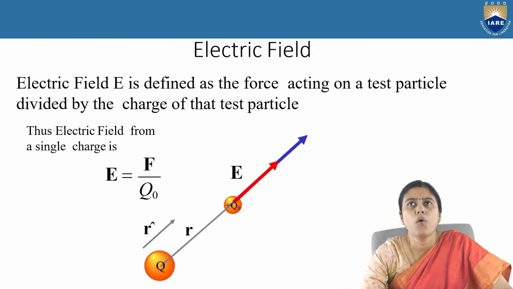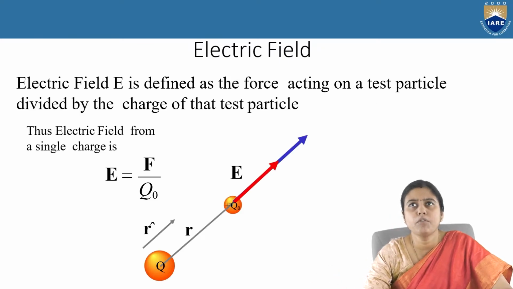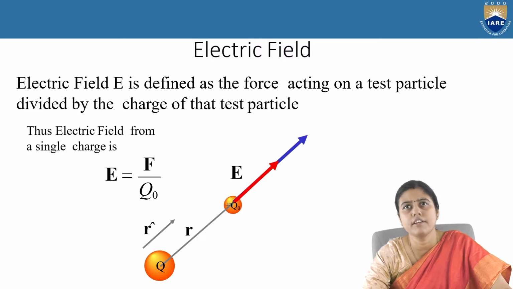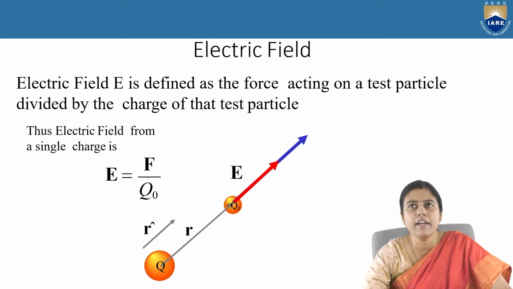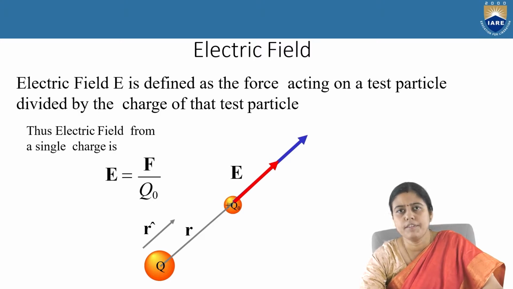So what is electric field? Before starting, we have to discuss what is electric field. Electric field E is defined as the force acting on a test particle divided by the charge of that test particle.